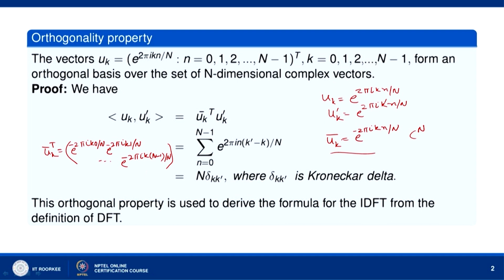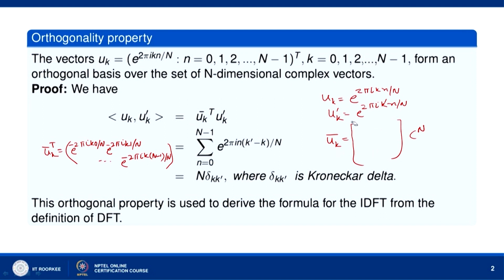u_k conjugate is actually the column vector, where we have N components. So, let me write that in the form of a column vector.